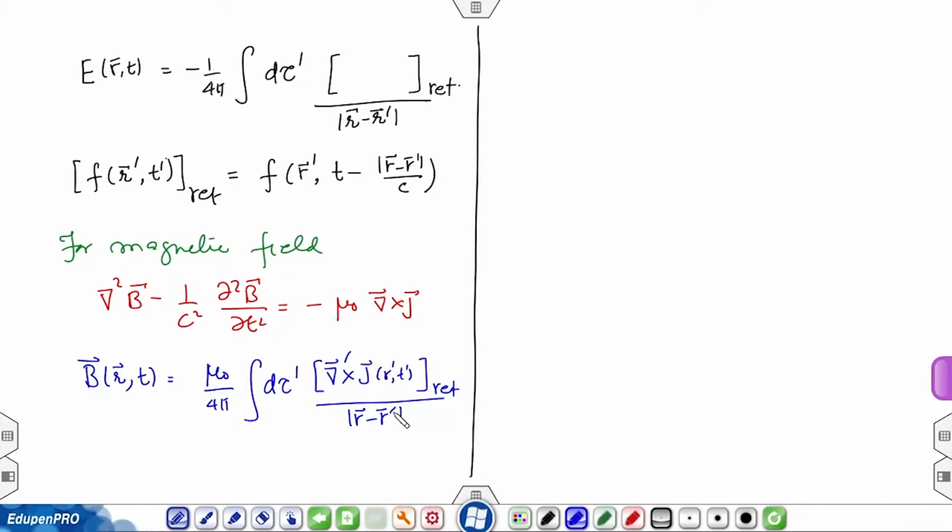So, we have gotten the terms for E and B both, and they involve derivatives of charge density, derivatives of current density, and so on.